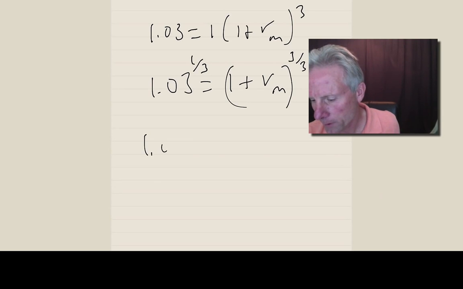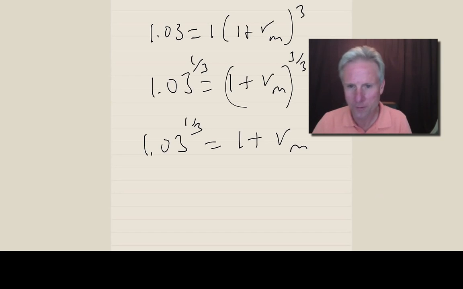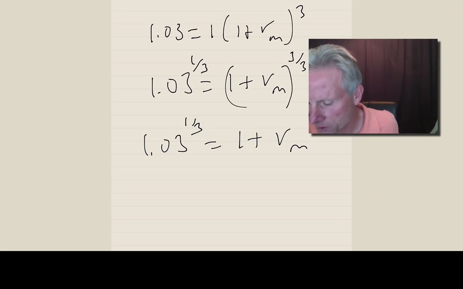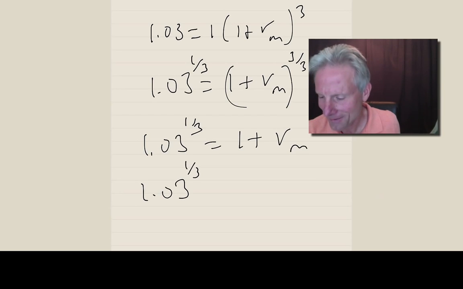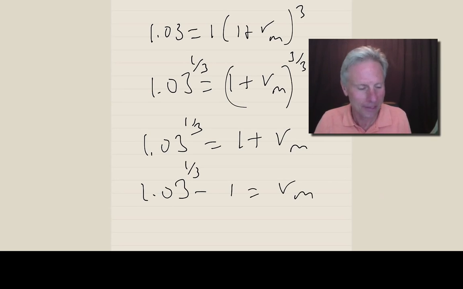So we get 1.03 to the one-third equals 1 plus Rm, and I'm trying to solve for the Rm right here, right? And so I'll just subtract 1 on each side, so 1.03 to the one-third, or 1.0099, minus the 1 is going to be our Rm. So that's the algebra. But like I said, I won't typically be doing the algebra in most of these things.